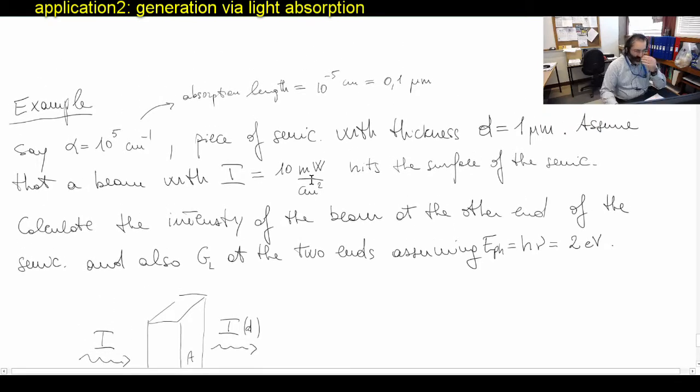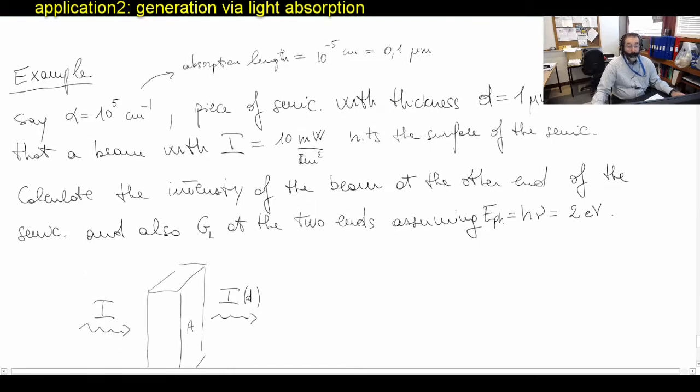Imagine that the absorption coefficient is 10 to the 5 centimeter to the minus 1 for a semiconductor. This means that the absorption length, which is 1 over alpha, is 10 to the minus 5 centimeter, which is 0.1 micrometers. So photons can travel on average 0.1 micrometers into this semiconductor before being absorbed.